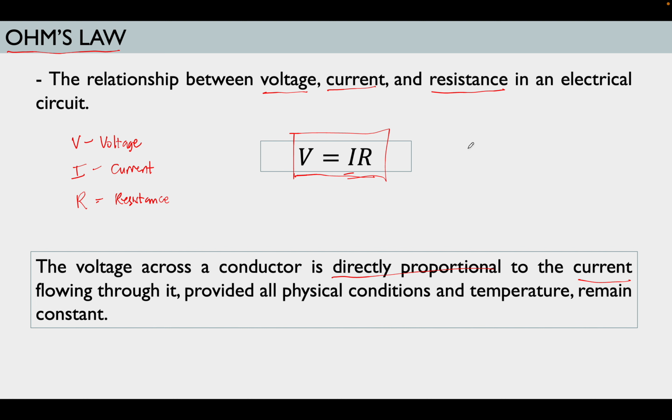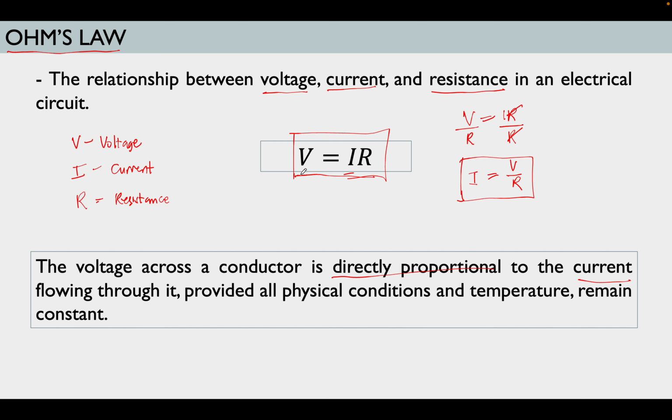Now, let's say for example, we are asked to solve for the current given the voltage and the resistance. To solve for the current, we will just transform this equation. V is equal to IR, so to solve for current, we divide both sides by R. So current is equal to V over R. This is for Ohm's law if you're asked for the current.